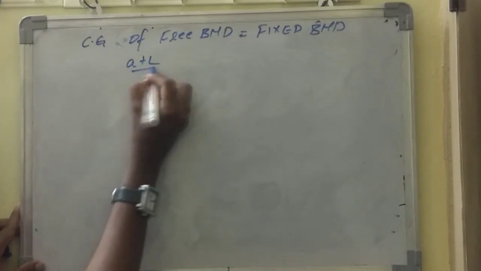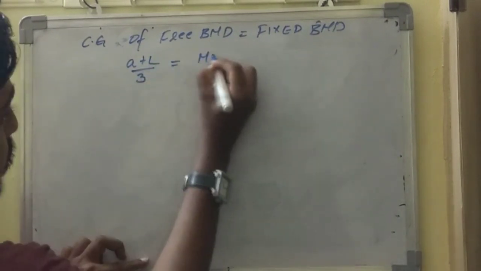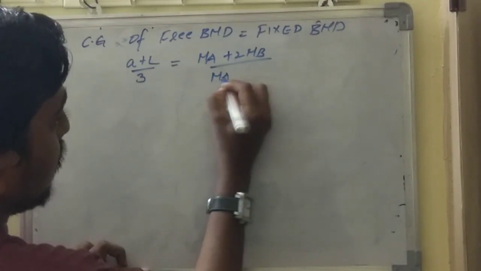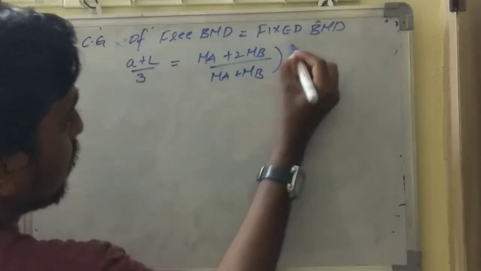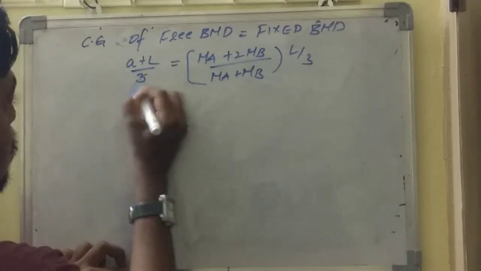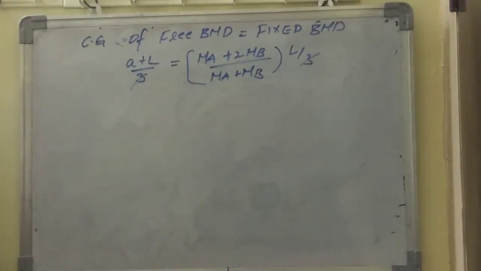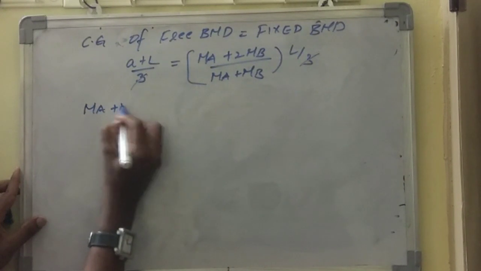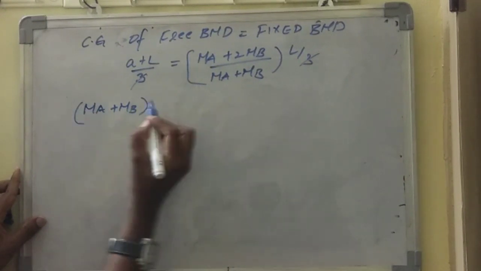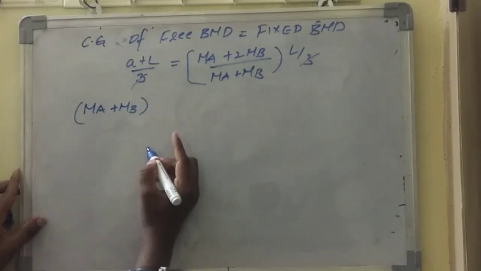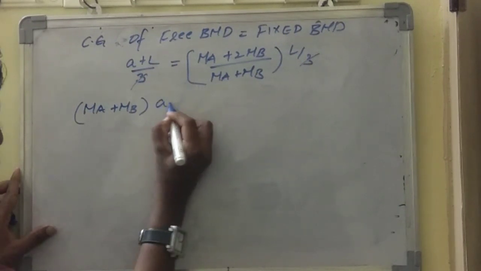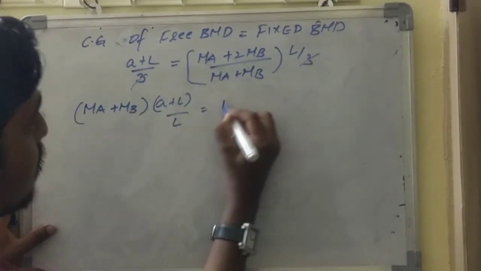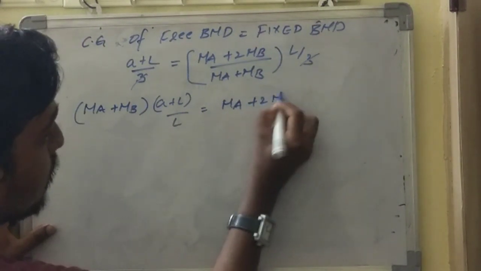This is (A + L)/3. This one will be (MA + 2MB)/(MA + MB) into L/3. So 3 will be cancelled here. (MA + MB) into (A + L)/L will be equal to MA + 2MB.